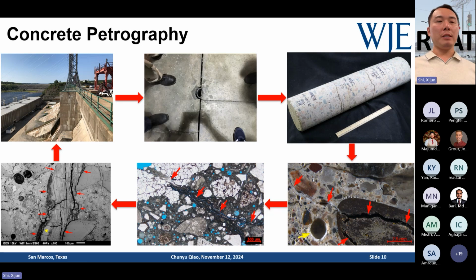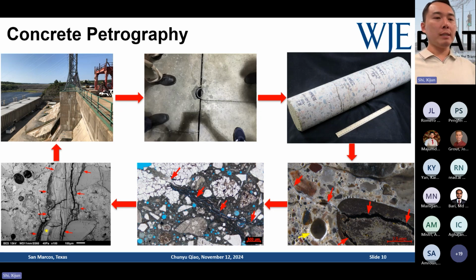The elemental composition of the gel cannot be analyzed by optical microscopes alone. So then we use SEM, scanning electron microscope. Normally they are equipped with EDX, energy dispersive spectrometry. That technique coupled with SEM can give us ideas about elemental mapping of different components.